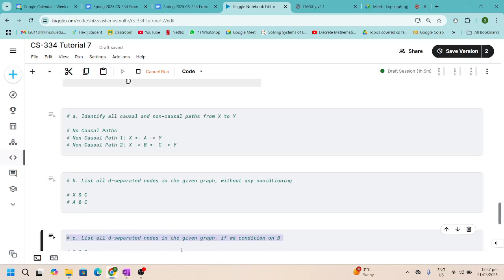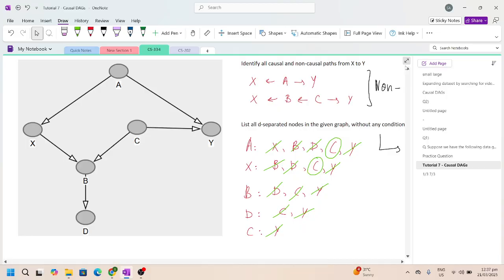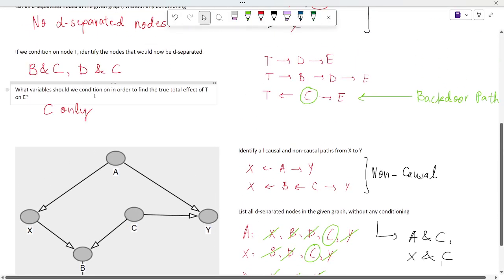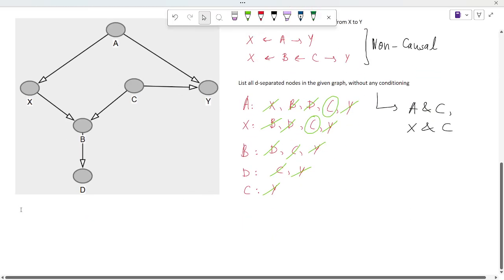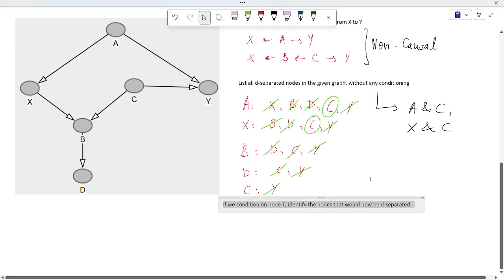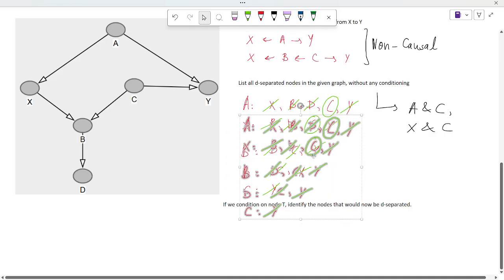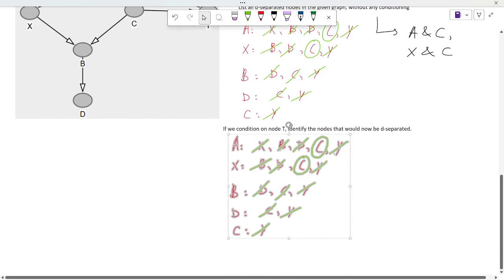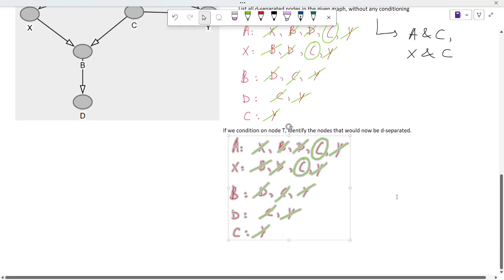Okay, next we are going to condition on B. So I'm just going to copy this from here. So I'm going to take this exact thing and, all right, let's get rid of B everywhere first. And then let's check.